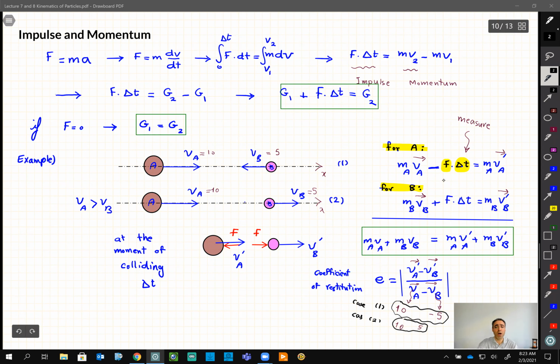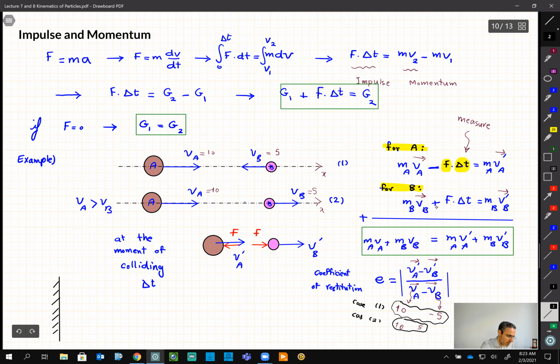So one of them gets positive, one of them gets negative. That's why when we add them together, they cancel out, right? But let's say we solve a scenario like this. Let's say I have a ball, and maybe a wall here. So this is then a wall, a fixed wall.